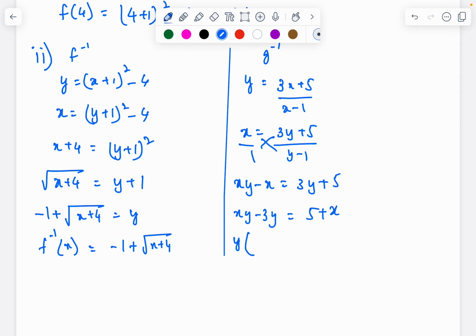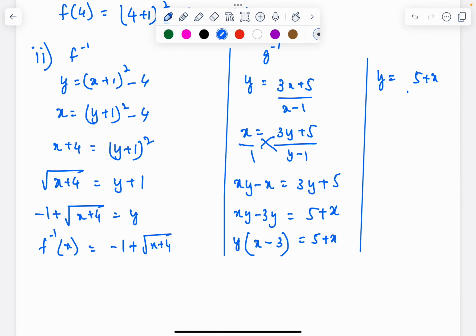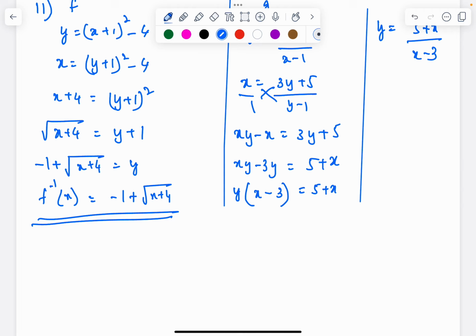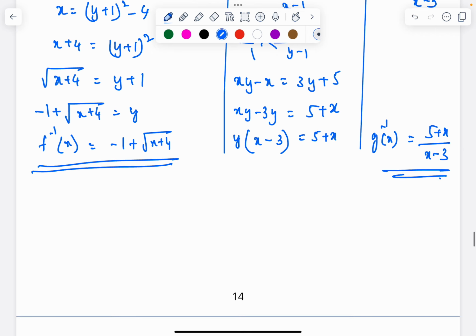Take y common. x minus 3 is equal to 5 plus x. Then y equal to 5 plus x over x minus 3. So at the end, write it down. This is f inverse of x, and g inverse of x is 5 plus x over x minus 3. So these are the two answers.